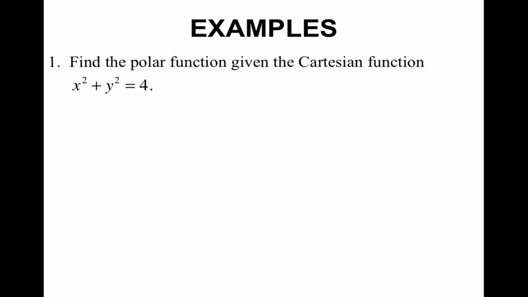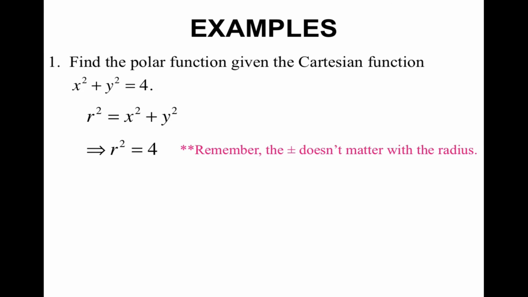Find the polar function given the Cartesian function x squared plus y squared equals 4. Well, we know that the radius squared is equal to x squared plus y squared. So therefore, r squared has to equal 4. And of course, remember that the plus or minus doesn't matter with the radius because radius is representing a length.